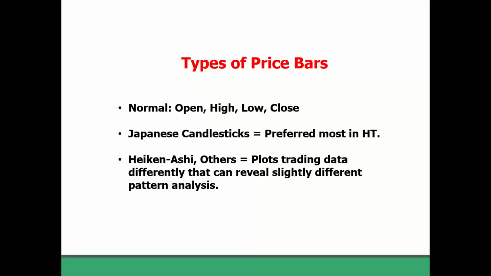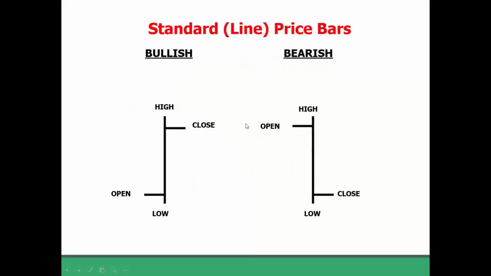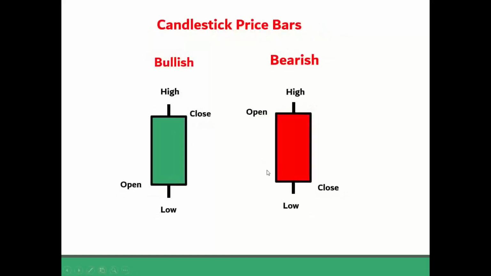I'm not going to spend too much time on this today. A normal candle, that historic one, is the open, high, low, close. Okay, standard bar. Now, what's so important is that we will be looking at these candles at critical levels relative to pattern, to our indicators, or even HSI.